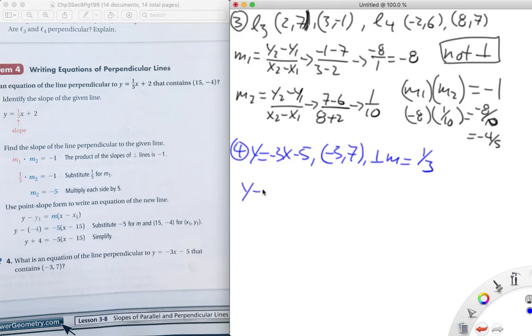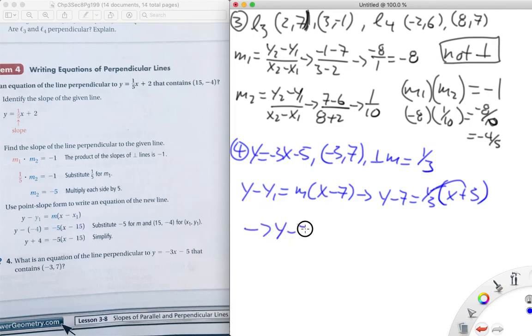Again, I can start off with the point-slope form. In this case, I'm going to plug in (-3, 7). So this is going to be y minus 7 equals 1/3 times x plus 3. Distribute the 1/3, and I have y minus 7 equals 1/3 x plus 1.